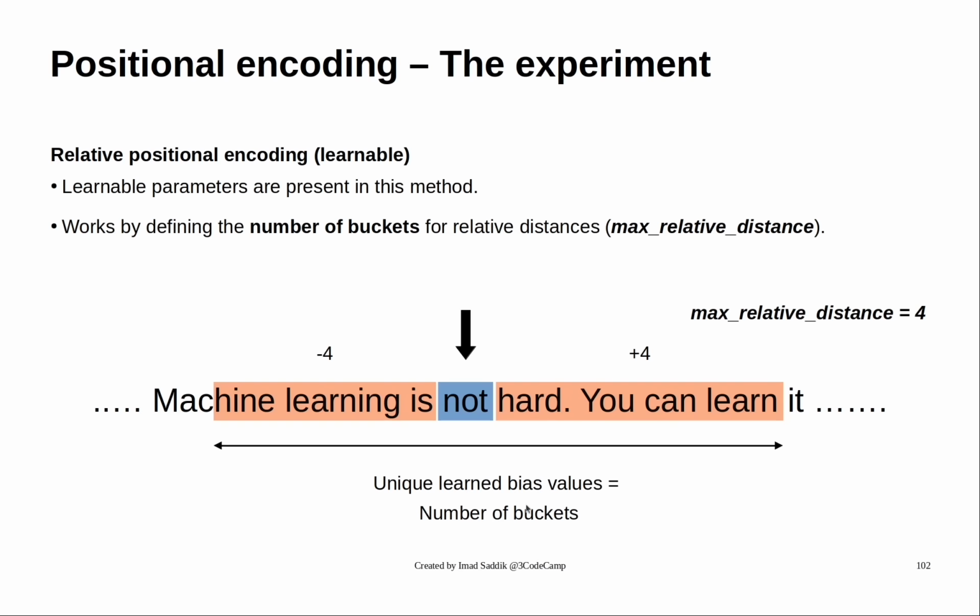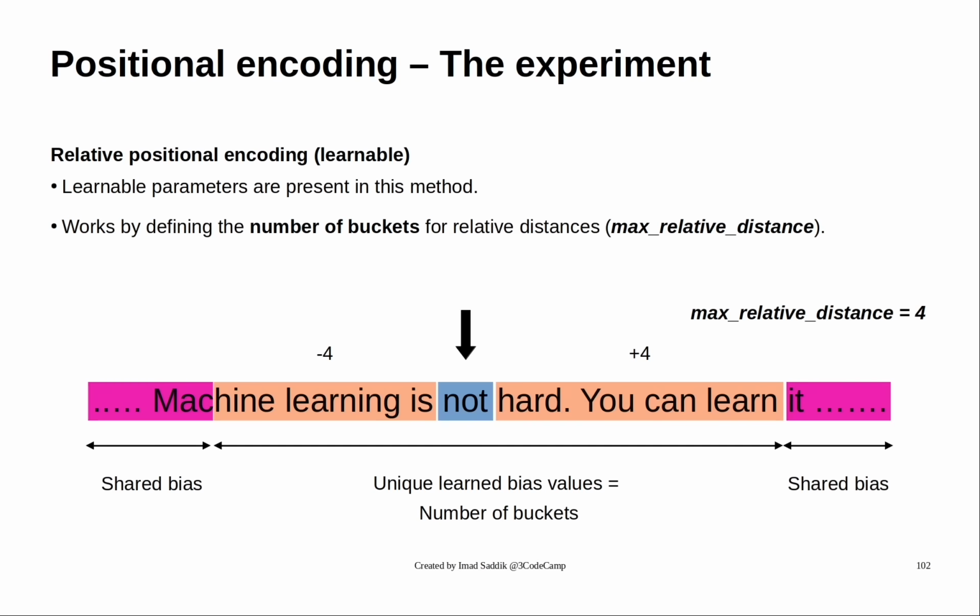This is the range that we are interested in, because as I said before, tokens that are very close to the one that we are looking at will influence it more than far away tokens. Tokens that are very far away, that have very big distances, should not affect the token very much. Now, what do we do with the tokens that are outside this range? These ones will have shared biases.